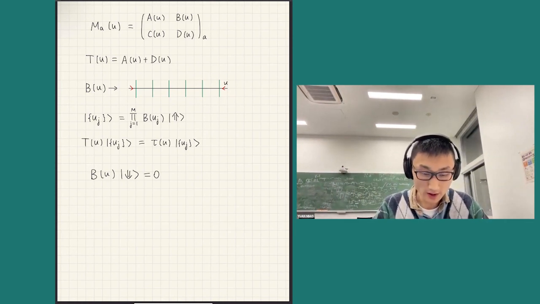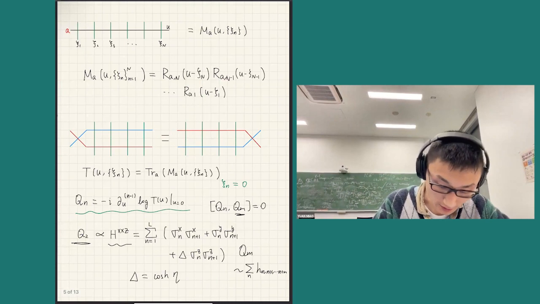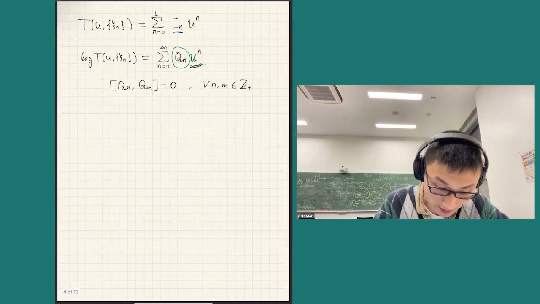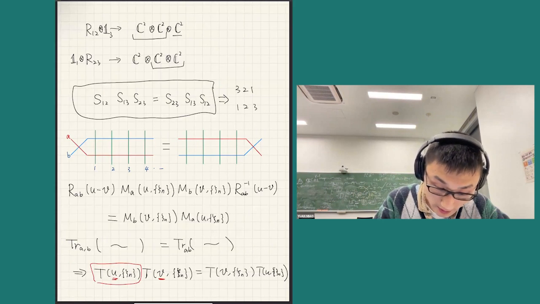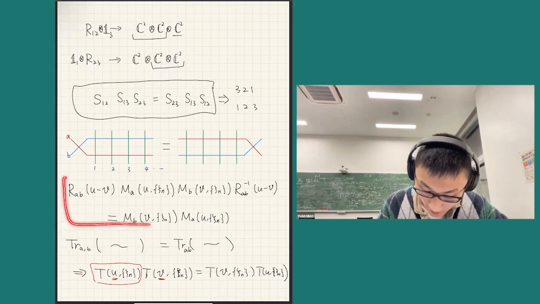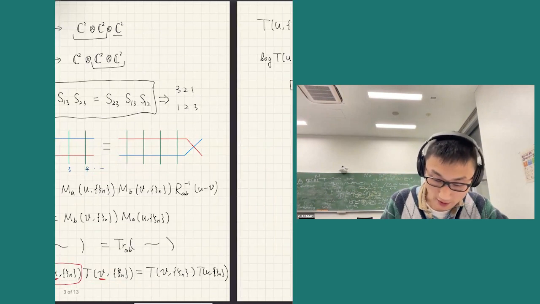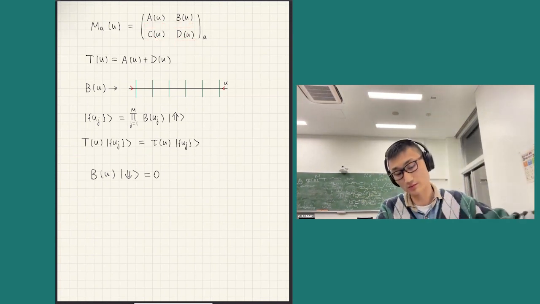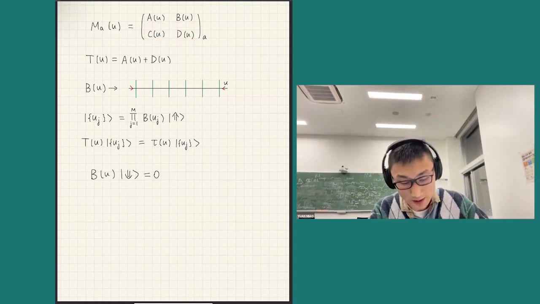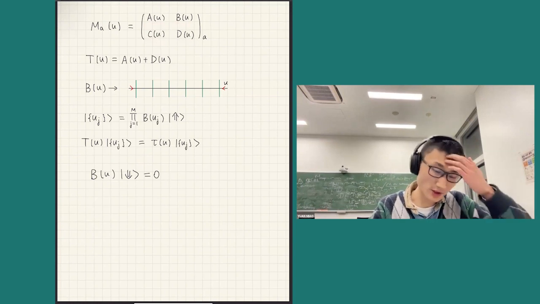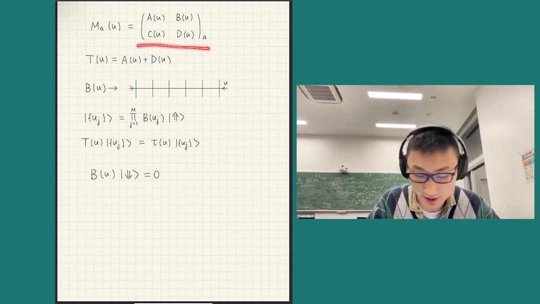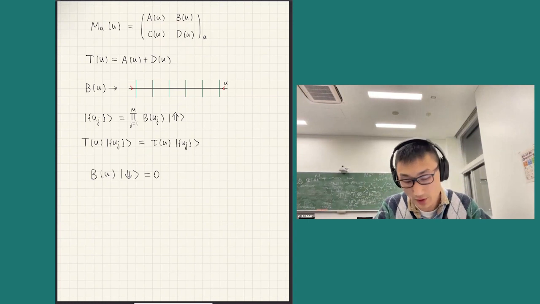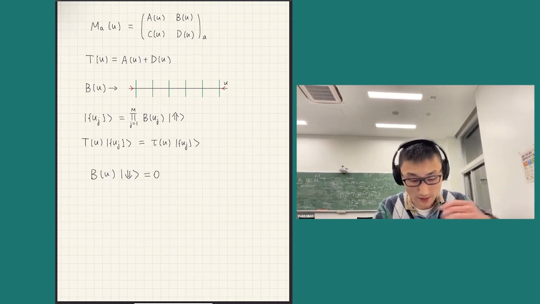And moreover, from this equation, it tells us about some algebraic structures between these A, B, C, D's. These are called the Yang-Baxter algebra, and the symmetry generating algebra of this object is the so-called Yangian. It's a quantum group, but it's not really important here.